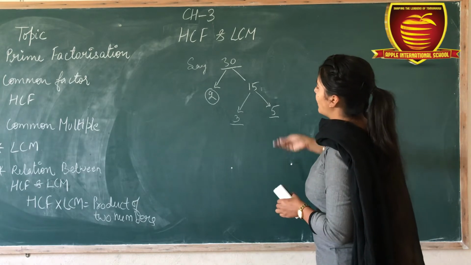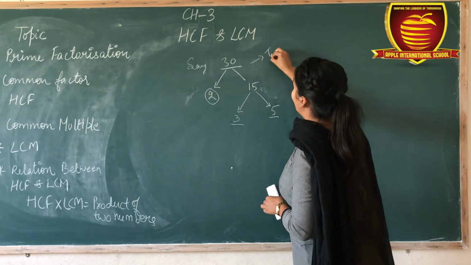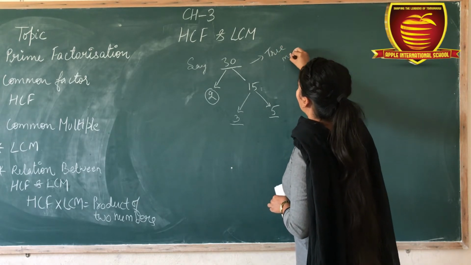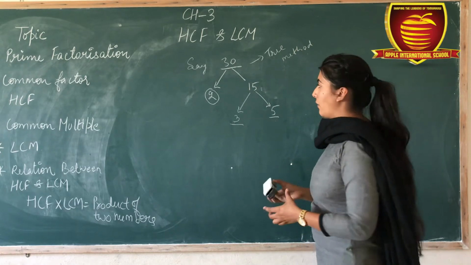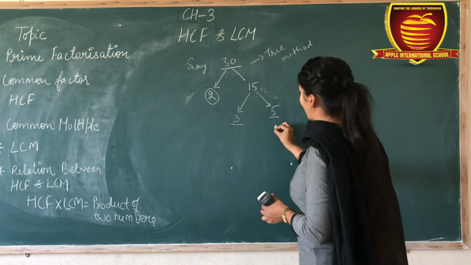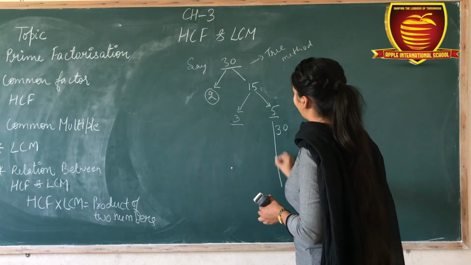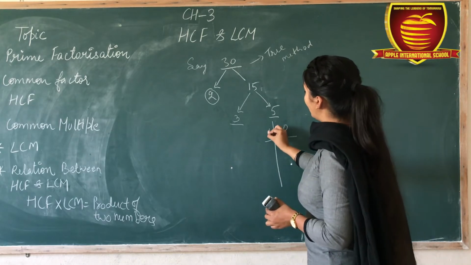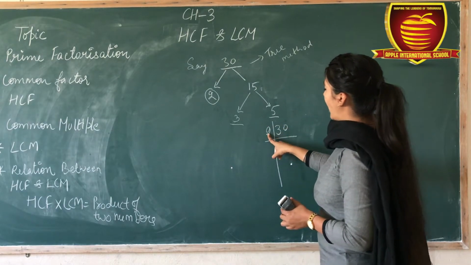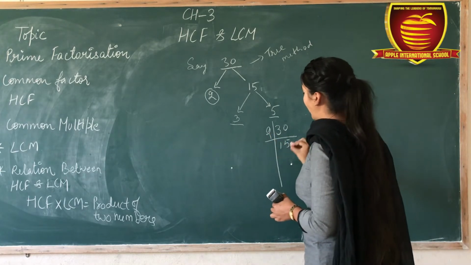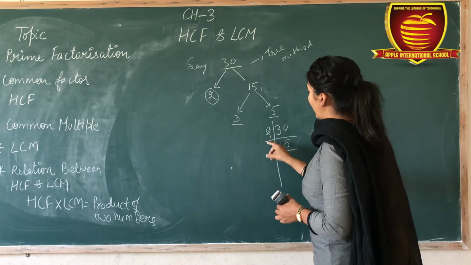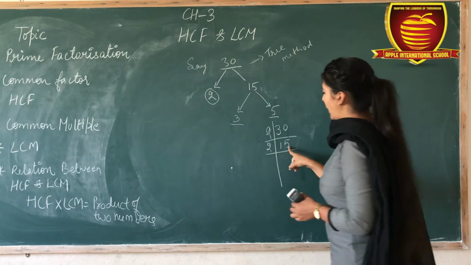This method is also known as the tree method. If we do a simple prime factorization, then 30 divided by 2 is 15.